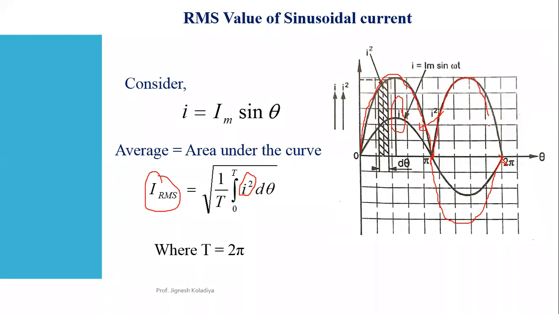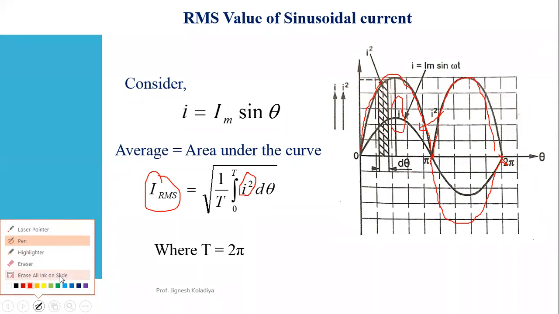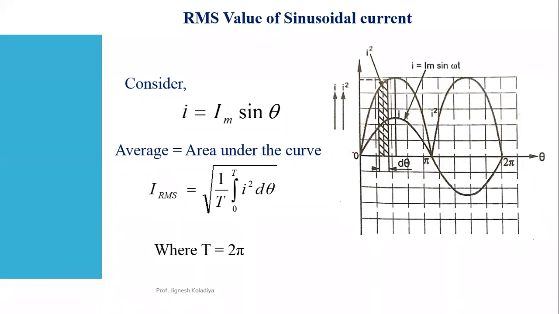So if you look at this waveform, when I'm finding the RMS value, the waveform that I'm getting is only in one direction, that is equivalent to DC or not.